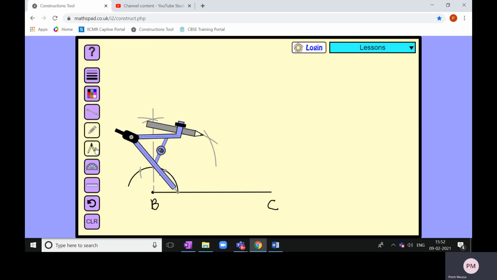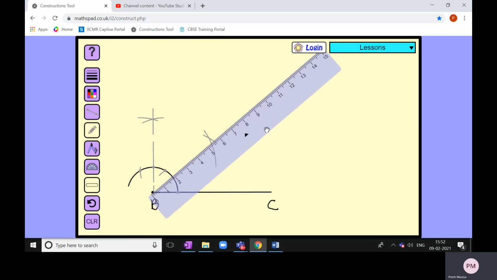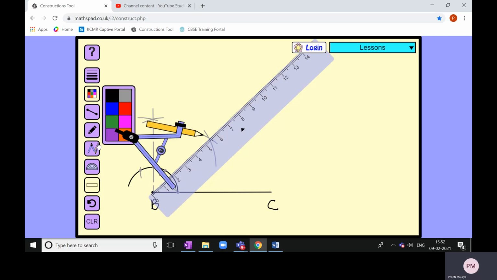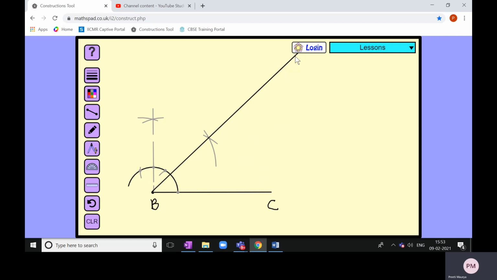Basically we bisect the 90-degree angle to obtain the 45-degree angle. So the point of intersection we will join with the point X, and we obtain an angle of 45 degrees. Let's say this as X. So yes, my angle XBC is 45 degrees.